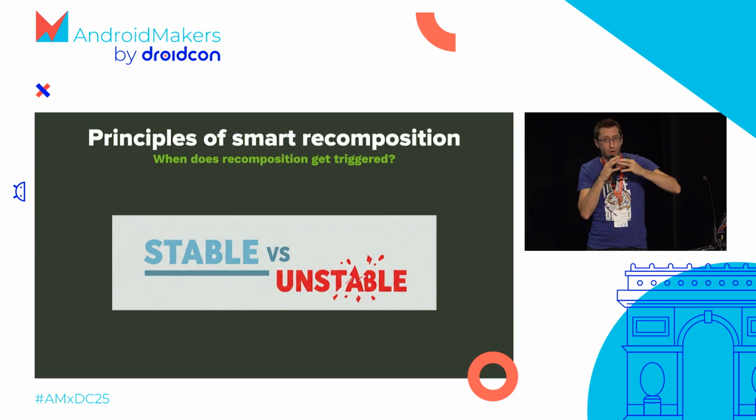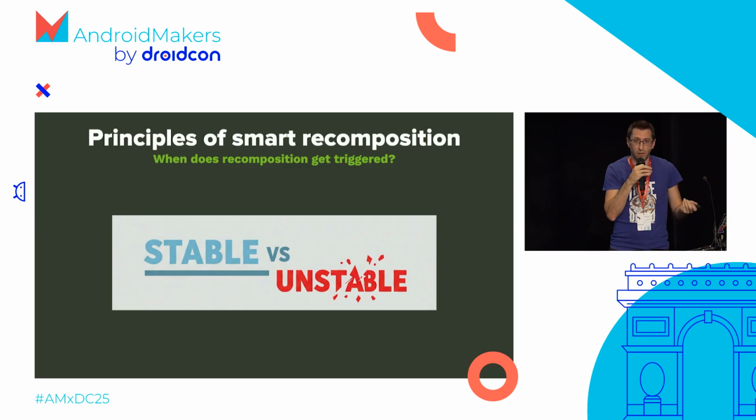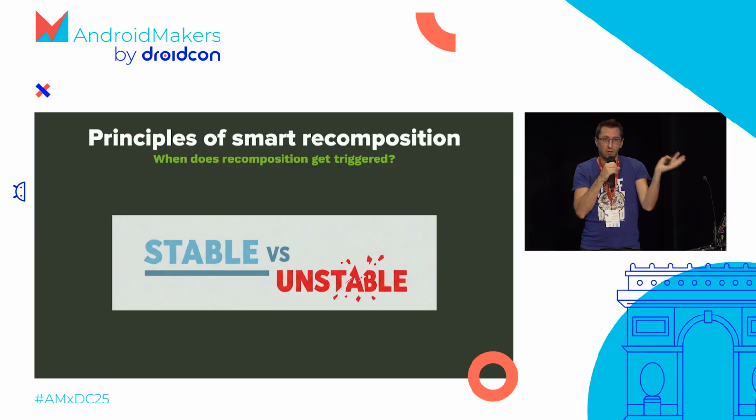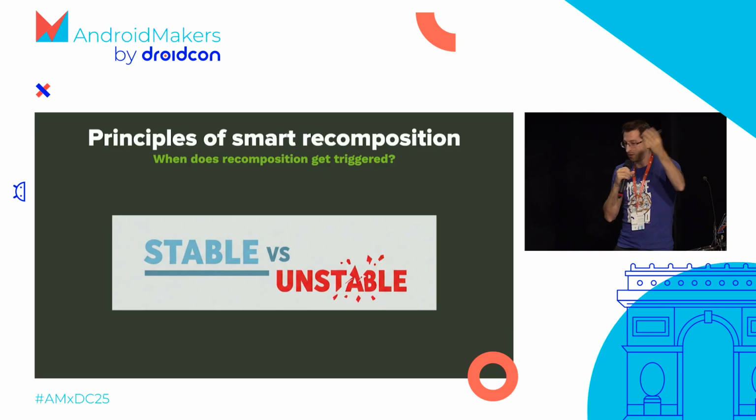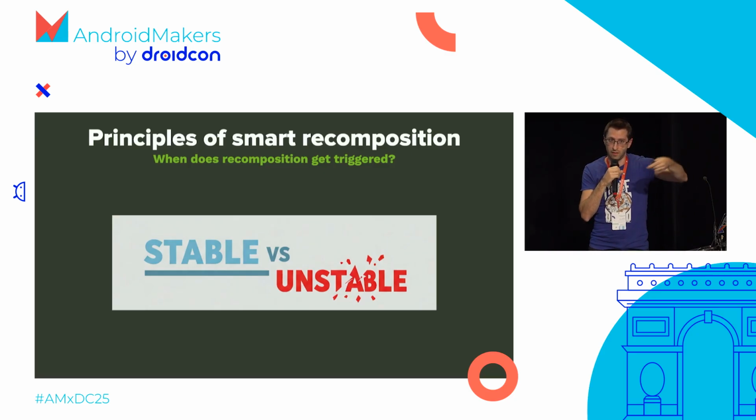It decides whether a class, an object, or a parameter of a composable function is stable or unstable. So with those markers in the compiled code, this super smart recomposition system decides at runtime if it should update or trigger recomposition.